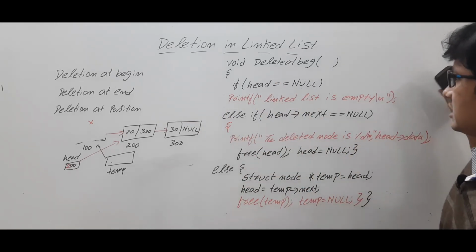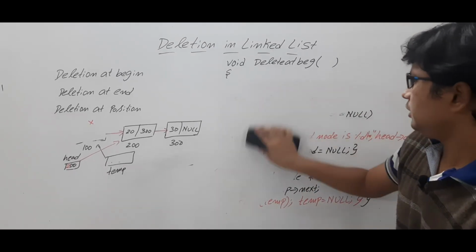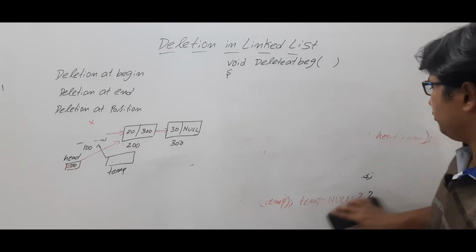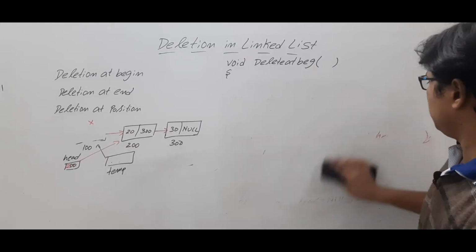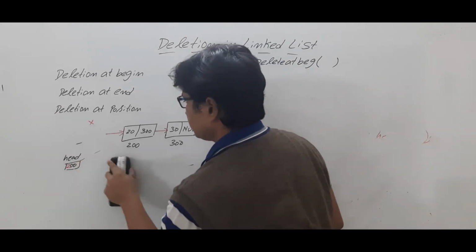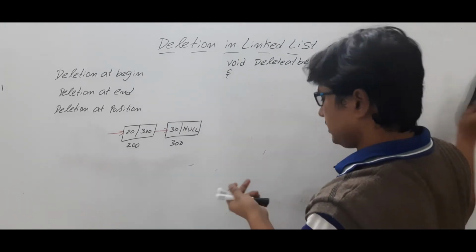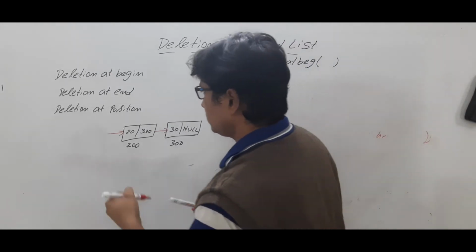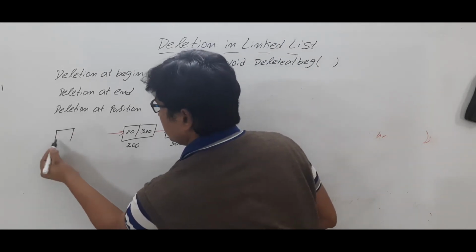Let me discuss the next scenario, deletion at the end. Okay, you want to delete a node from the end. Is it clear? To make you understand, let me take an example. Let's take that we have 3 nodes, or let me take 4 nodes.